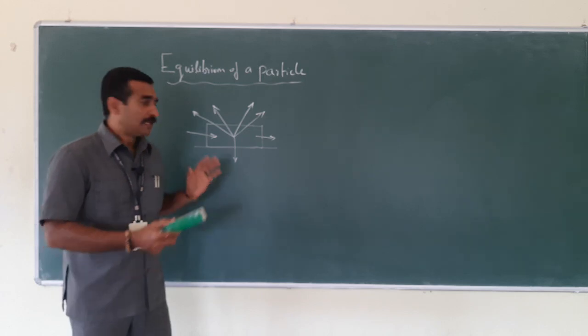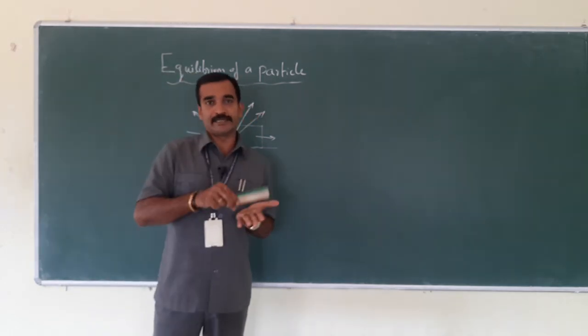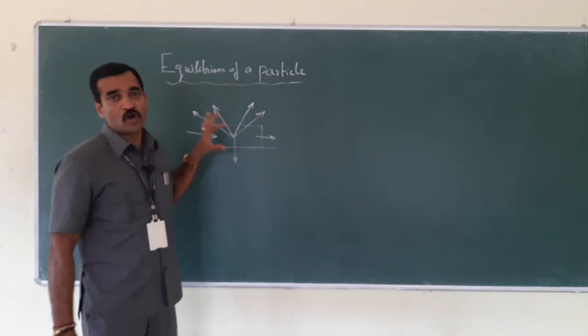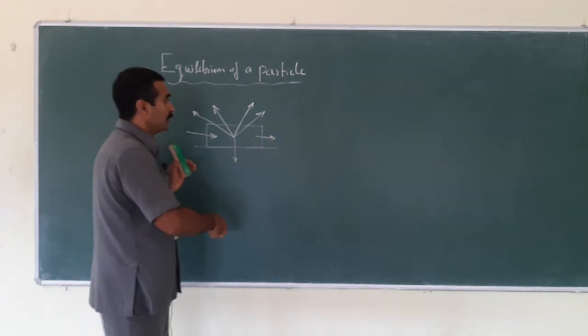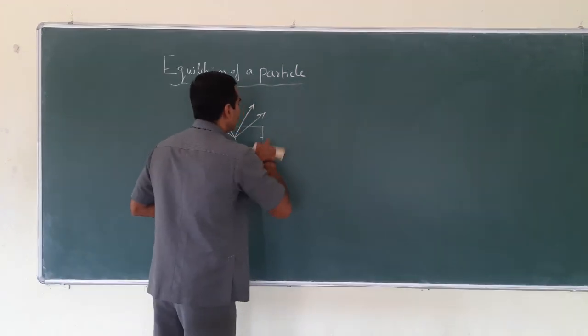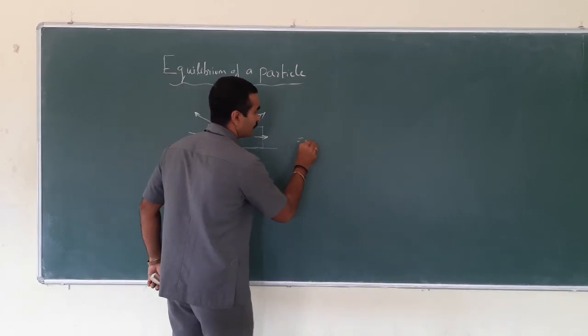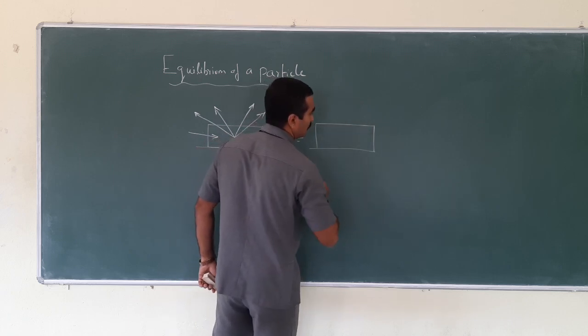What will happen? The previous stage, the object was at rest. Now, when few forces have been applied on this body, what will happen? Right. So, look at here. This is a force, right? So, now the resultant force may act.